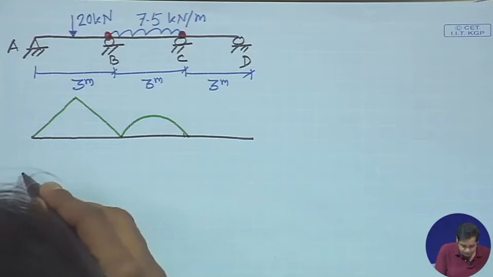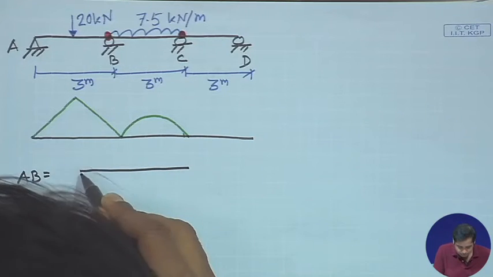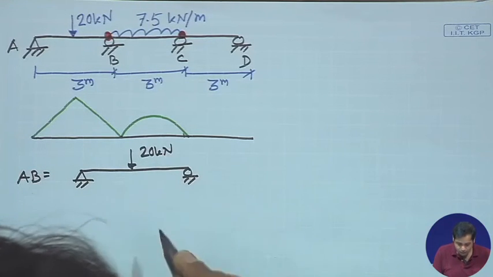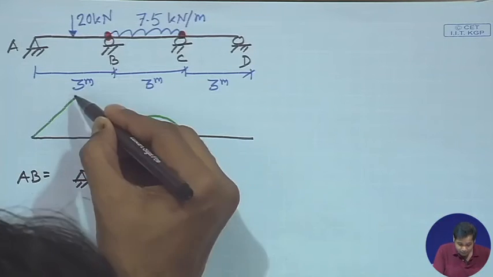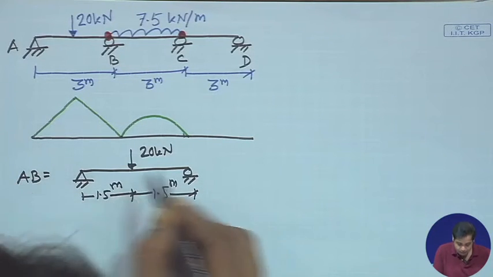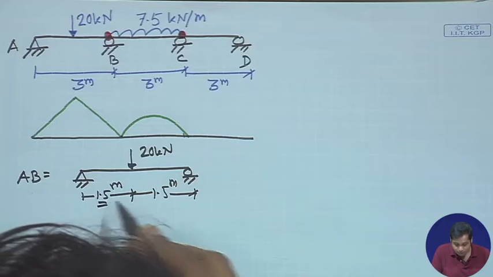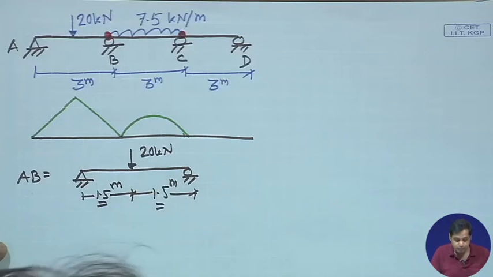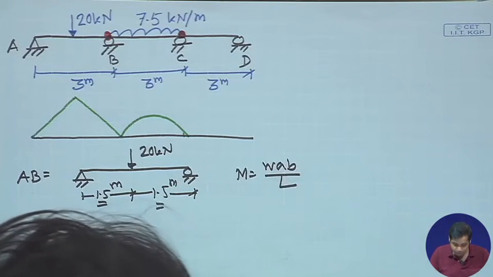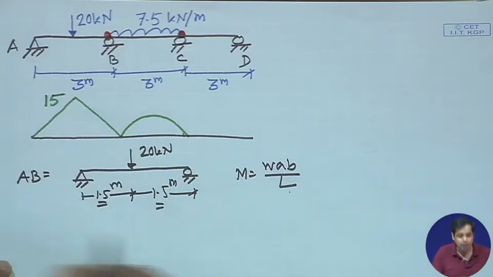For span AB, the concentrated load is 20 kilonewton, and the bending moment at this point will be WAB by L. In this case, a is 1.5 meter, b is 1.5 meter, W is 20 and L is 3 meter, so M becomes 15 kilonewton meter.